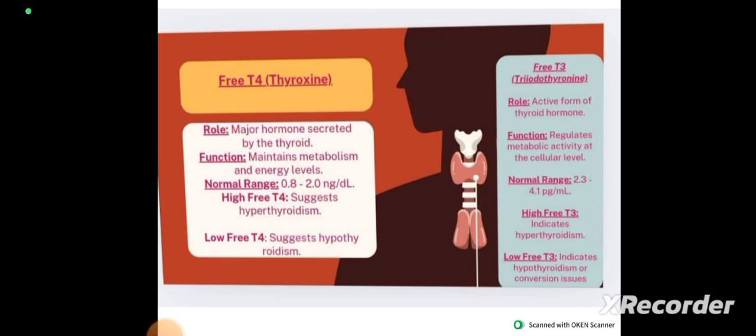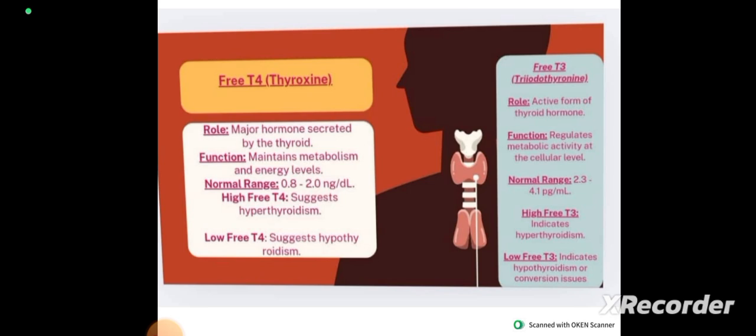Normal range is 0.8 to 2 nanogram per deciliter. High free T4 suggests hyperthyroidism, and low free T4 suggests hypothyroidism. Now, free T3, triiodothyronine. Role: active form of thyroid hormone.